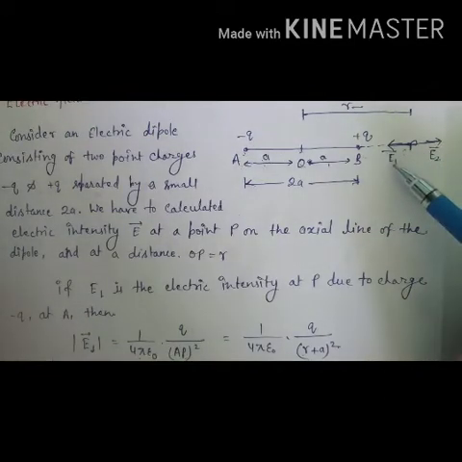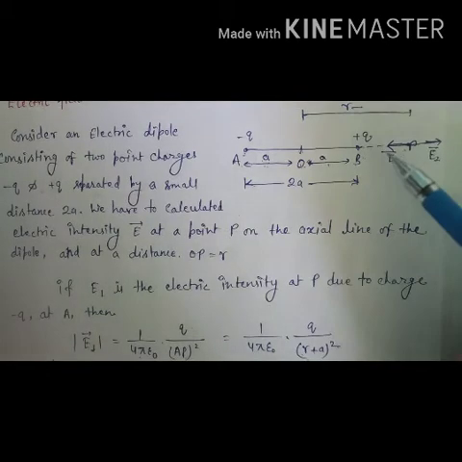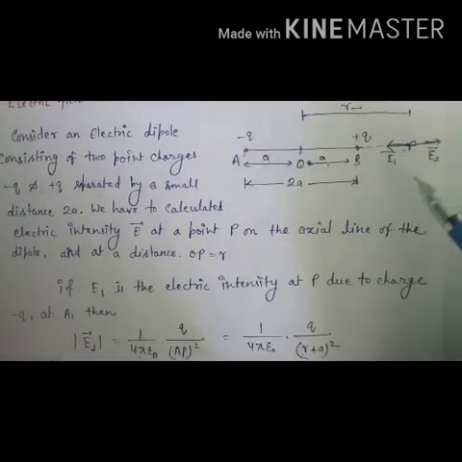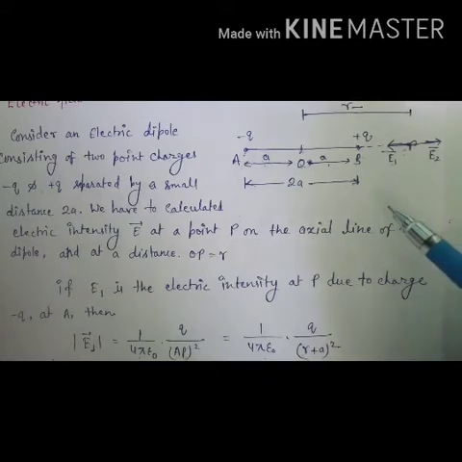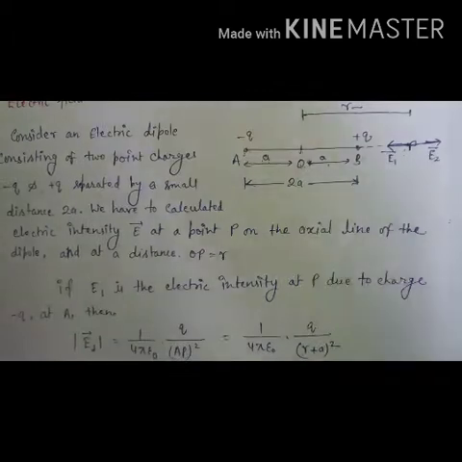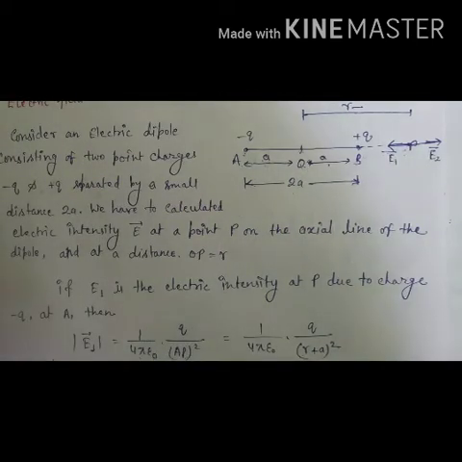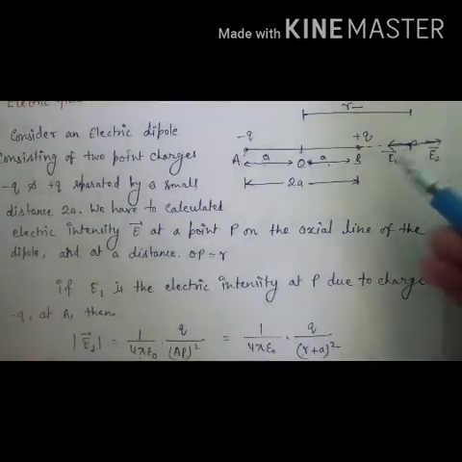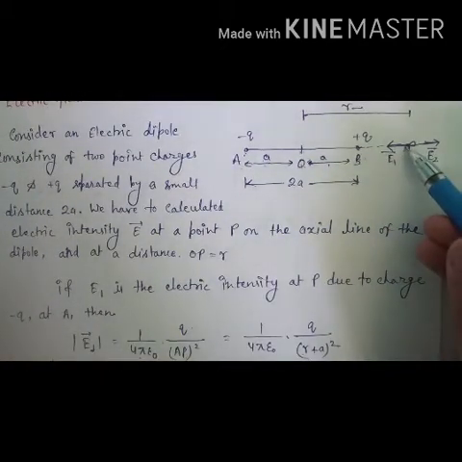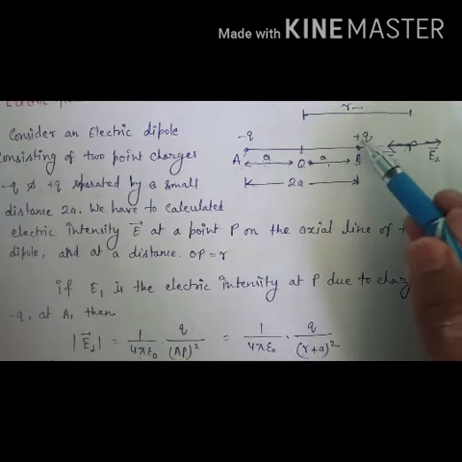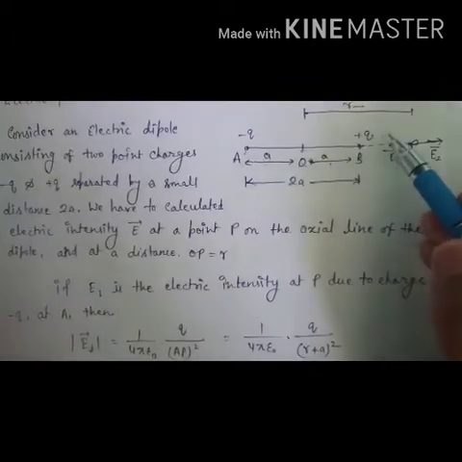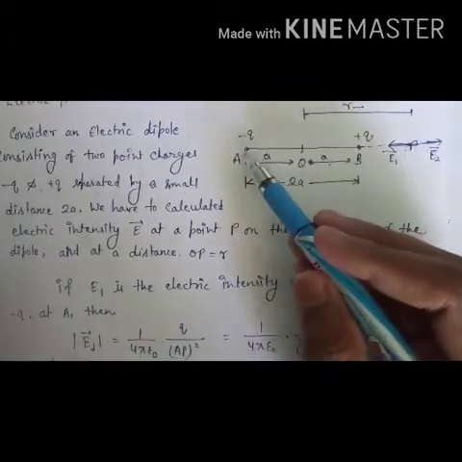E2 is greater than E1. Why is it greater? Because the electric field intensity E is directly proportional to 1 upon r square. So if the distance is small, the electric field intensity is very high. Since the plus q charge is nearer to the point P, the electric field intensity due to plus q is much higher than that due to minus q.